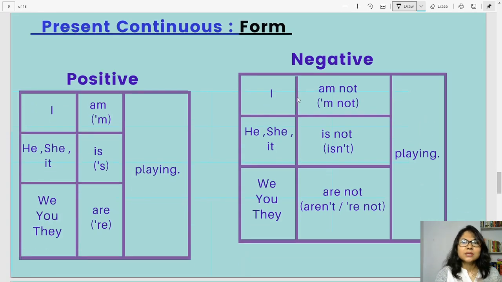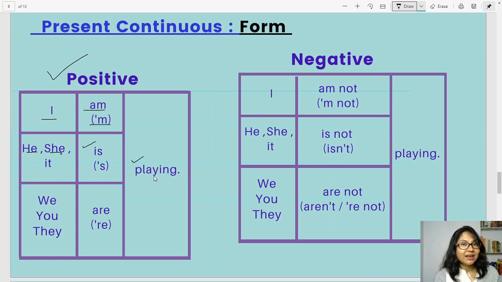What are the forms? Same. In positive, I say I am playing, or I can also say I'm playing. Apostrophe has come in place of the a. He is playing or he's playing. She is playing or she's playing. It is playing or it's playing.